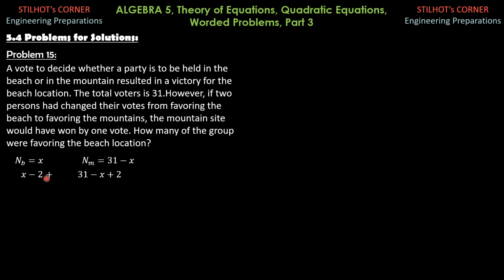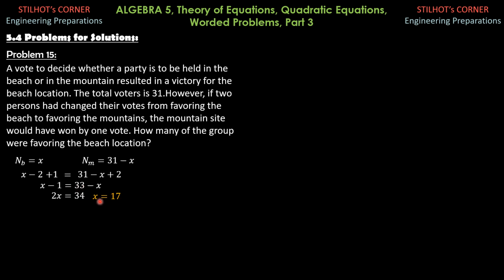So x minus 2 plus 1 equals 31 minus x plus 2. Simplifying, x minus 1 equals 33 minus x. So again, x minus 1 equals 33 minus x. Then 2x equals 34. So that means x is 17.